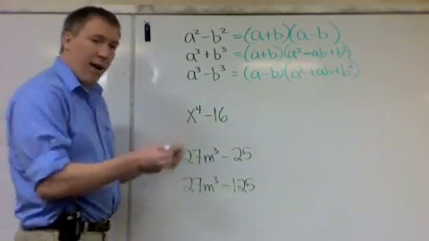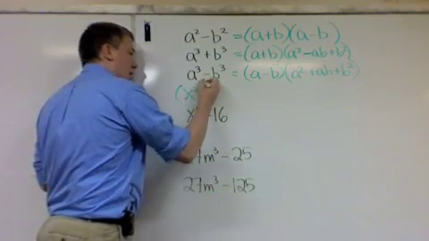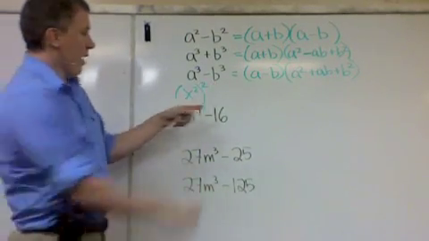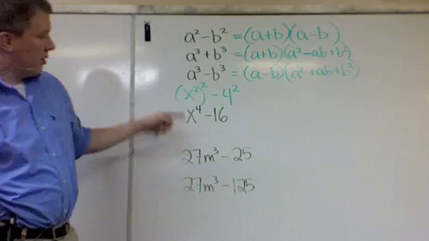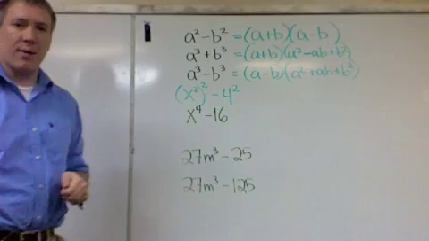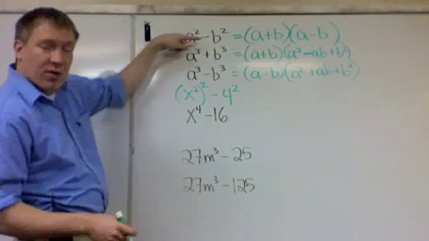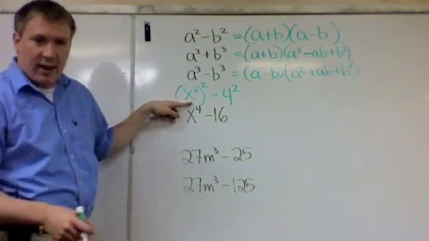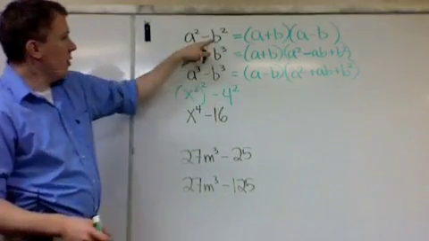I could rewrite this as x squared squared minus 4 squared. Okay, so x squared squared would be x to the fourth, and 4 squared would be 16. I want you to see that my a in this case, because it's a squared minus b squared, my a is x squared, and my b is 4.